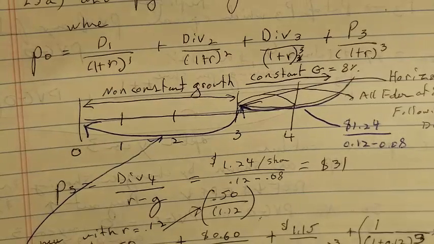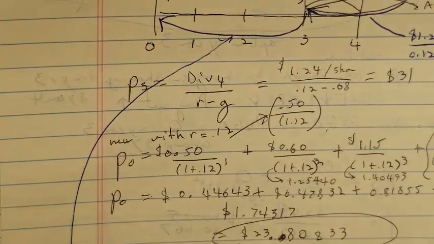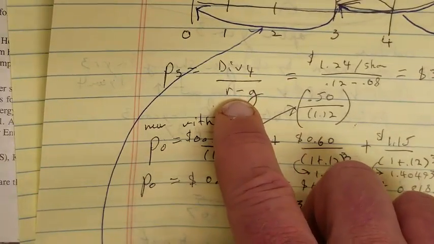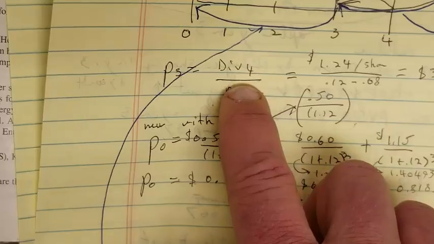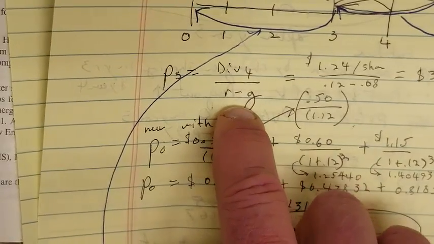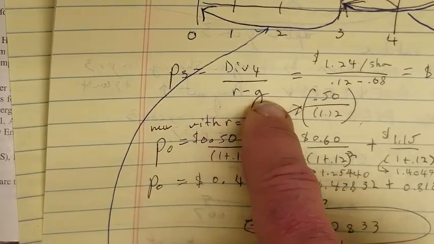So therefore, we're going to use that horizon value model, where we've got dividend 4, which is the constant growth perpetuity, over the discount rate minus the growth rate of the dividends.